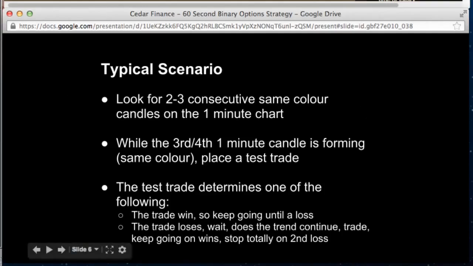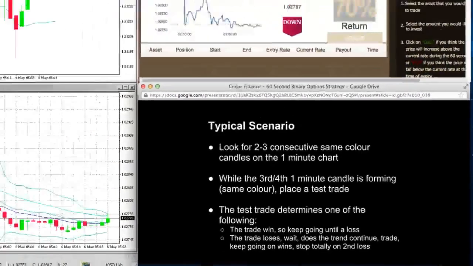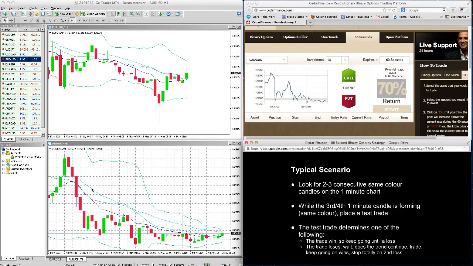If the trade wins, you keep going until you get a loss. So you might be able to get 2 or 3 trades in before you get a loss, so you would have won 75%, which is you're going to win more than you've lost. If the first trade loses, you might want to just wait.